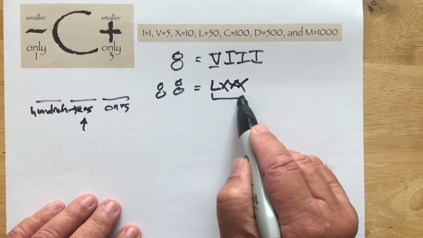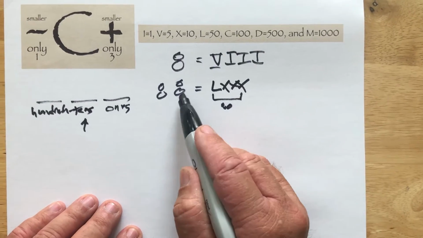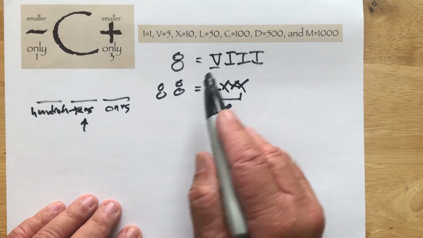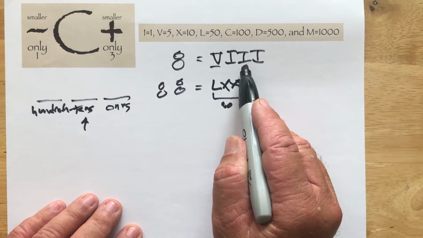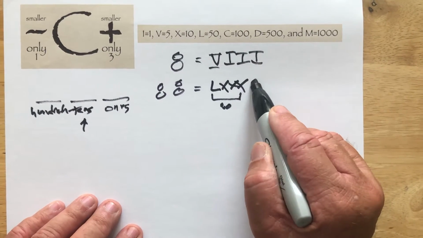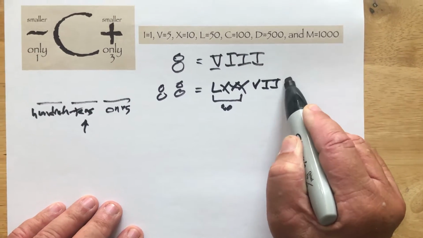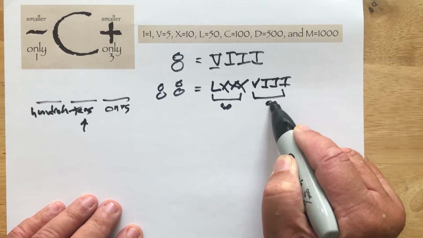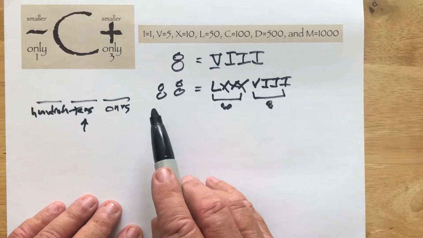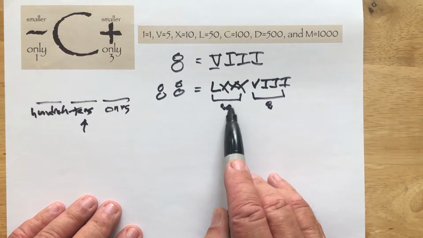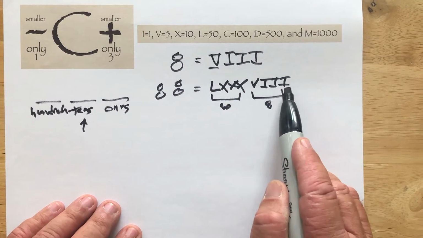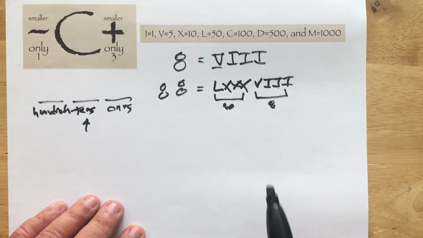There is 80. Now we look at the ones column, 88. Well, we already learned that to write Roman numbers 8, it's VIII. So 88 in our number system is LXXX, which is 80, and VIII, which is 8, so that's 88 in Roman numbers.